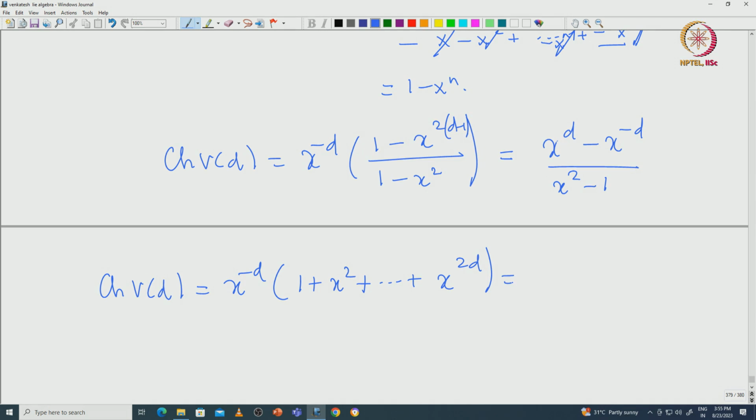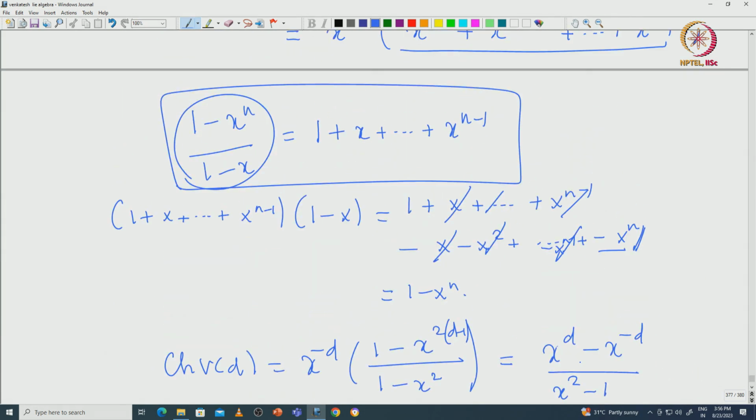That means you can put y equal to x squared. So, this is the same as x power minus d times 1 plus y plus etc. plus y power d, which you can write as 1 minus y power d plus 1 divided by 1 minus y. That is what this formula says.